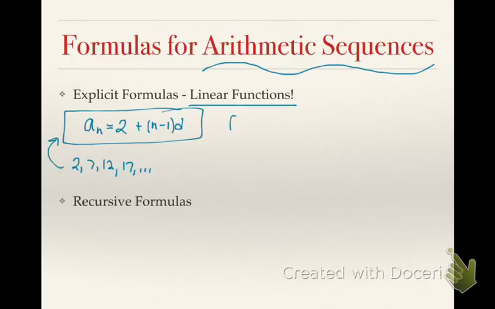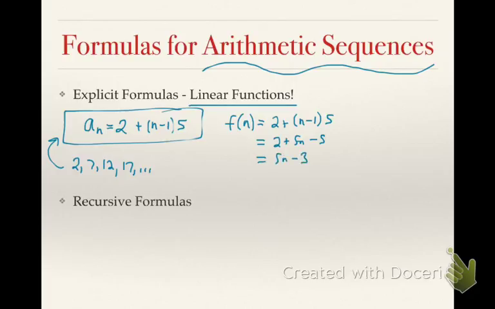You could have also rewritten it in function notation. f of n is 2 plus n minus 1 times d, which in this case is 5, right? The common difference is 5. Now, if you wanted to get rid of those parentheses, you could technically multiply them out to give you 2 plus 5n minus 5, and then combine it to become 5n minus 3.